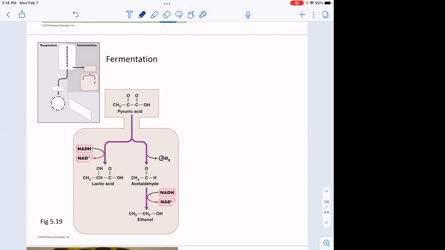The most common one is when a cell takes pyruvic acid, accepts those electrons from NADH right here, and you end up with lactic acid. So here's the only difference: we've got a hydroxyl group here instead of this oxygen right here on pyruvic acid. Okay, so no other ATP, there's no gases given off. That's the simplest fermentative pathway.